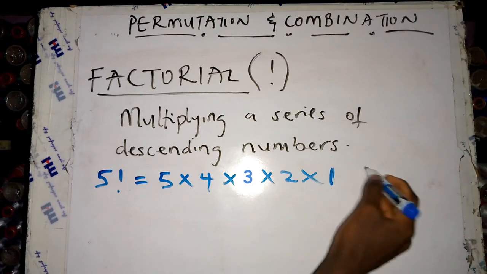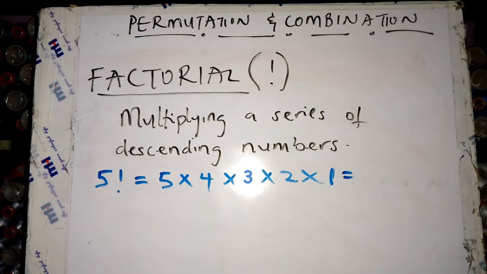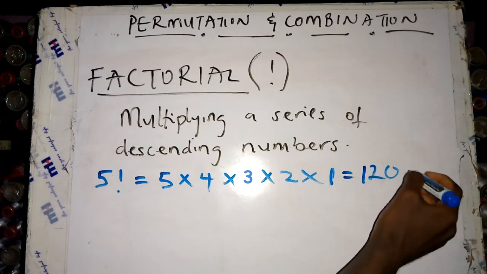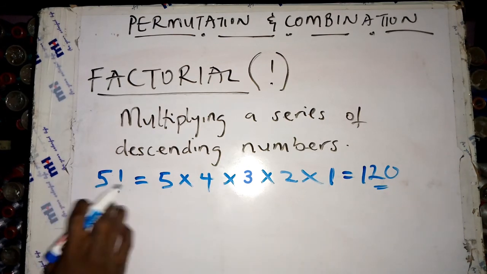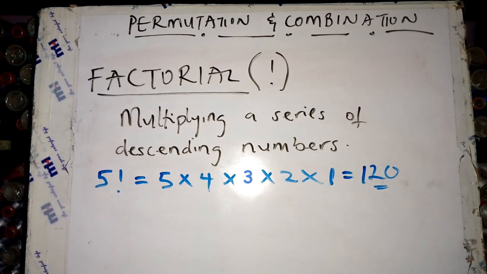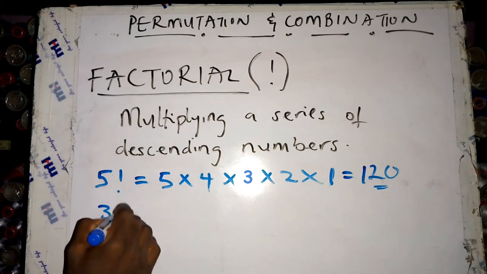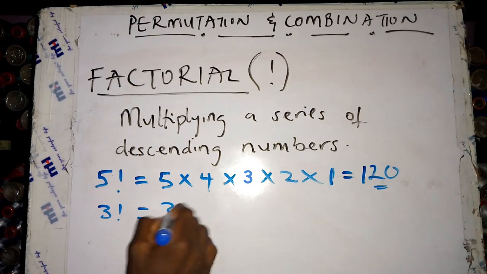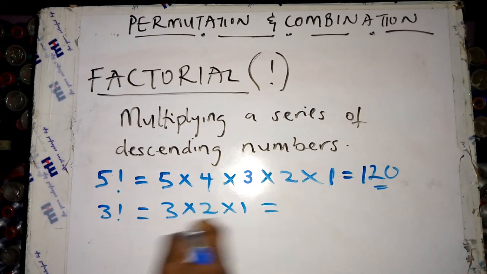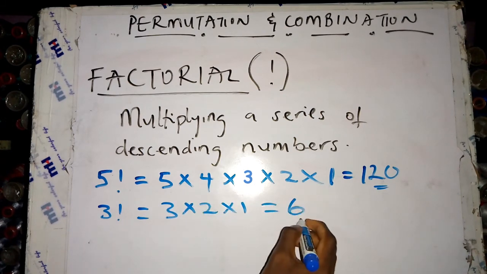By the time you multiply 5 times 4 times 3 times 2 times 1, that equals 120. So that's the value for 5 factorial, 120. If you are using a scientific calculator, a lot of them have the factorial symbol. Also, 3 factorial means 3 times 2 times 1, and that gives us 6.